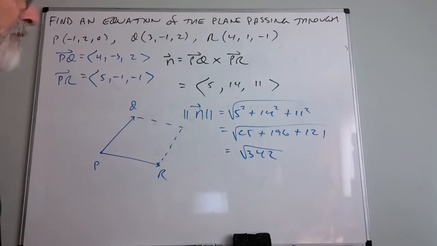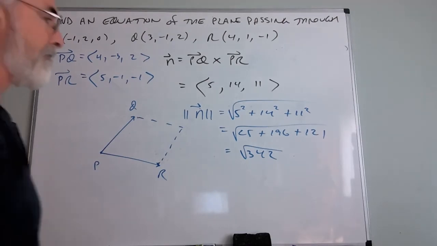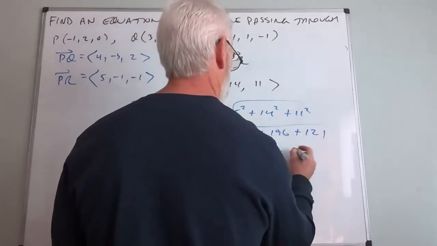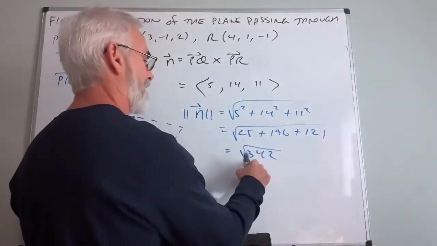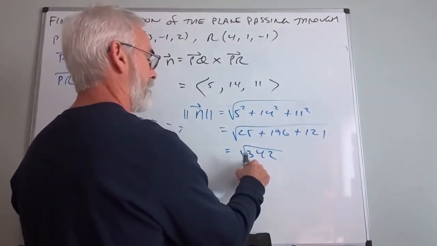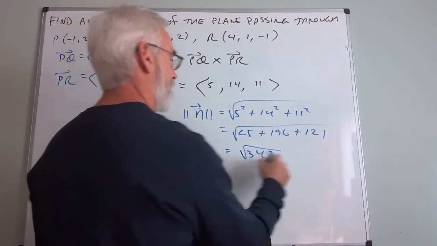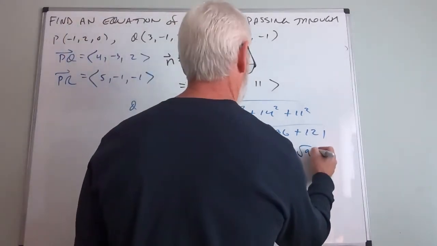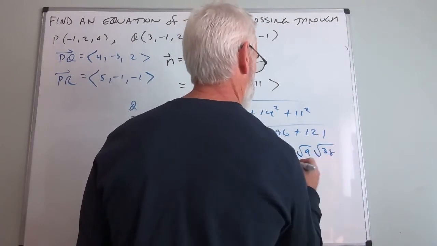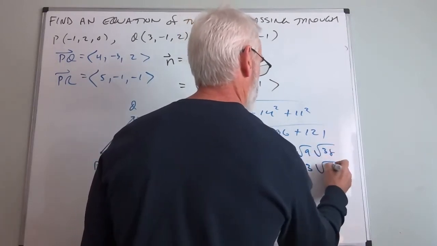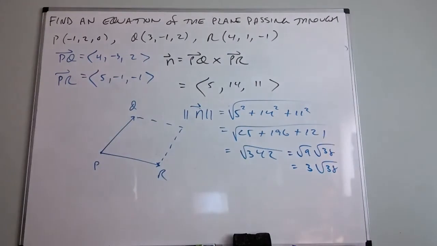Yeah, I believe we can probably pull quite a bit out of that one. Let's see. I definitely pull out a 9. So I think this would be root 9, root 38. So if you want to reduce that, 3 root 38.